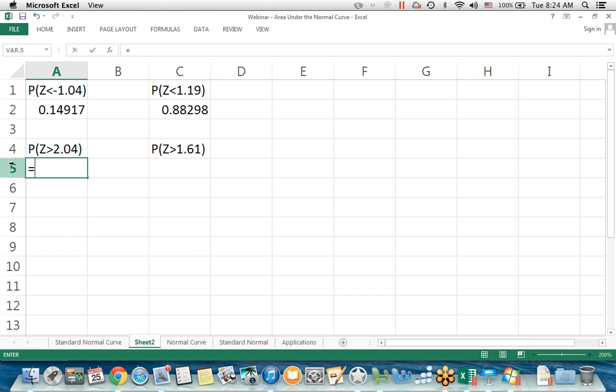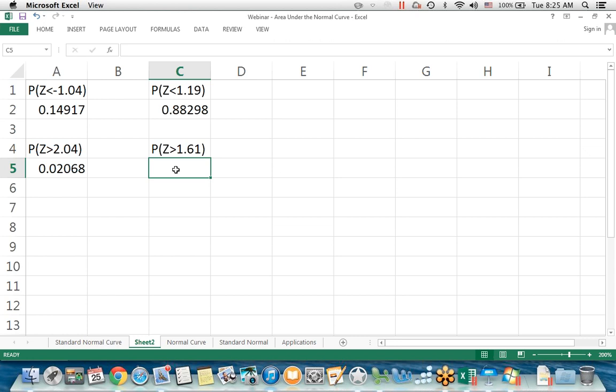Now for the first one, the probability of z being greater than 2.04, again, this takes a little tweaking. We're going to say it's equal to, don't forget the equal sign, 1 minus norm.s.dist, open parentheses, and then we type in the 2.04, comma, true.